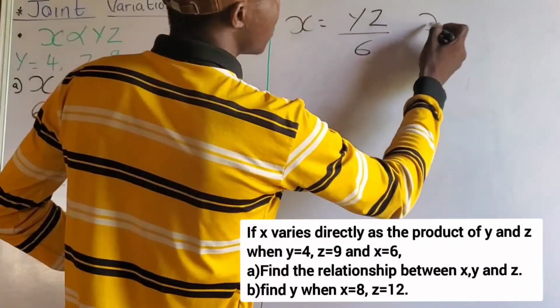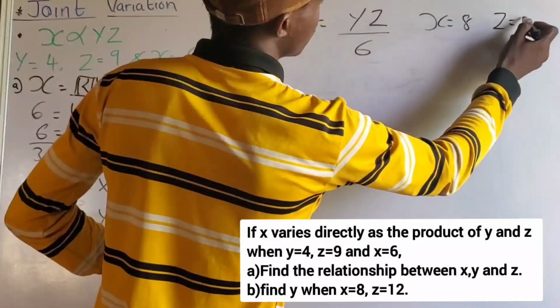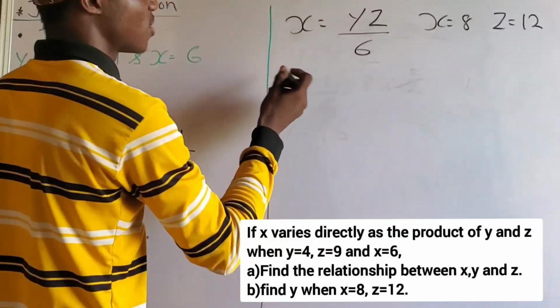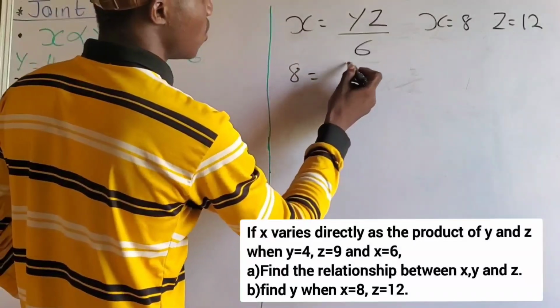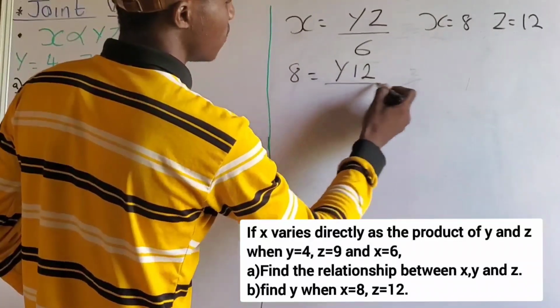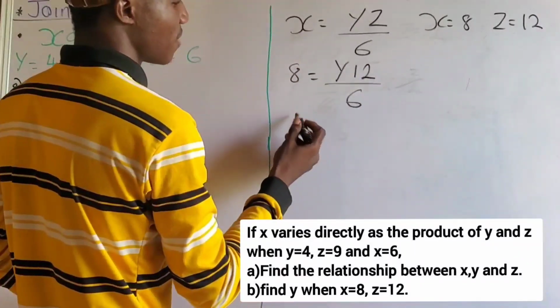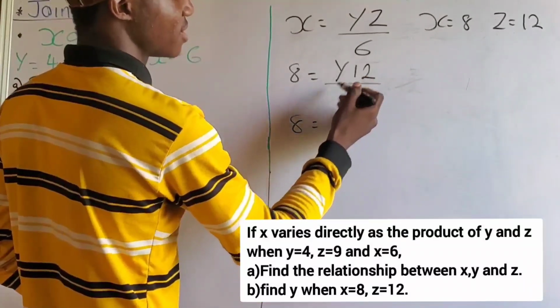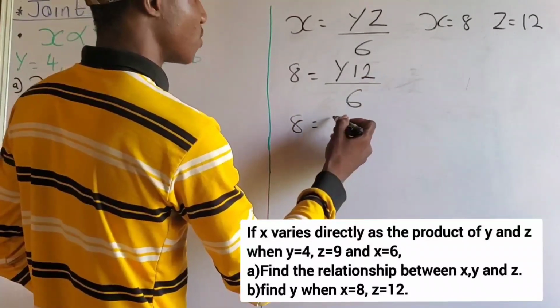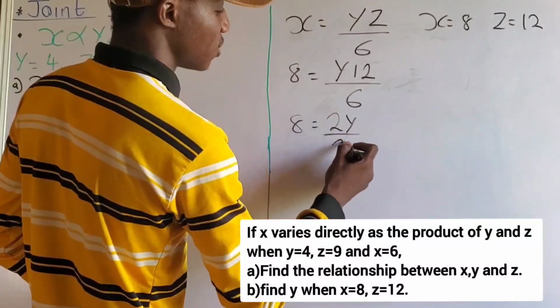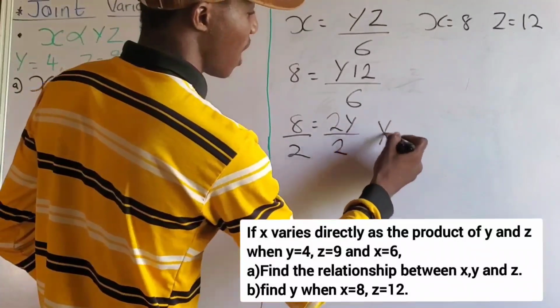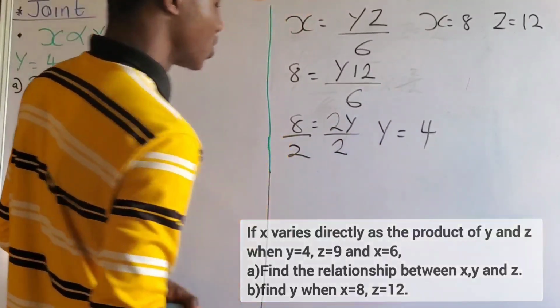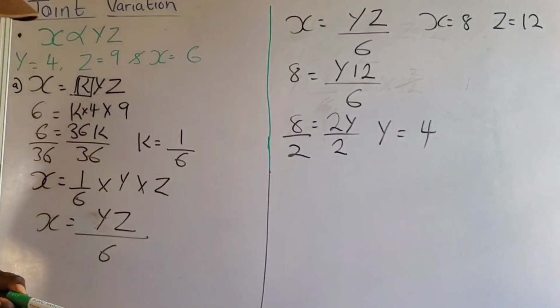With x equals 8 and z equals 12, I'm going to have 8 equals y multiplied by 12 all over 6. Now 6 into 12 is 2. I'm going to have 8 equals 2y. Divide both sides by 2. y equals 4. So when x equals 8 and z equals 12, the value of y is 4.